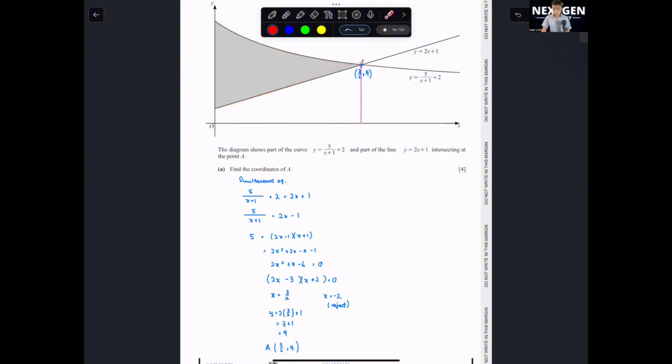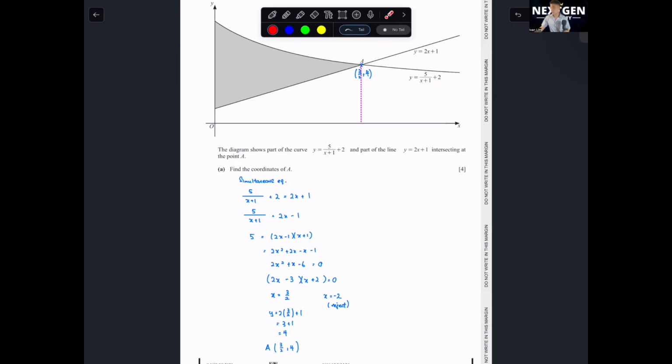If you want to find an area like this, you can just take the equation of the top of the graph minus the equation at the bottom of the graph, then you just integrate it. So you can take 5 over x plus 1 plus 2, minus 2x plus 1, to find the area.